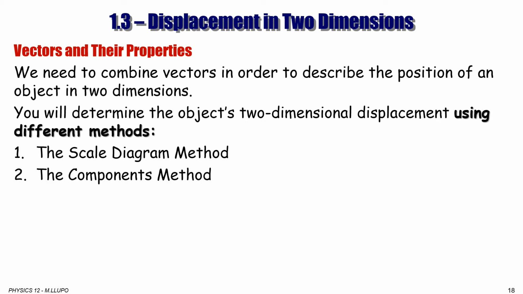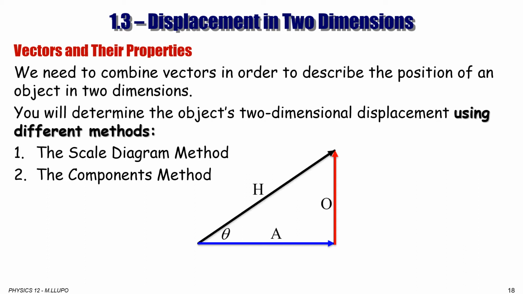The component method is very important, and this one is connected to trigonometry. It's about a right angle triangle with a hypotenuse, opposite, adjacent, and angle. If you have those properties of a right angle triangle, you can combine them to find what is missing.